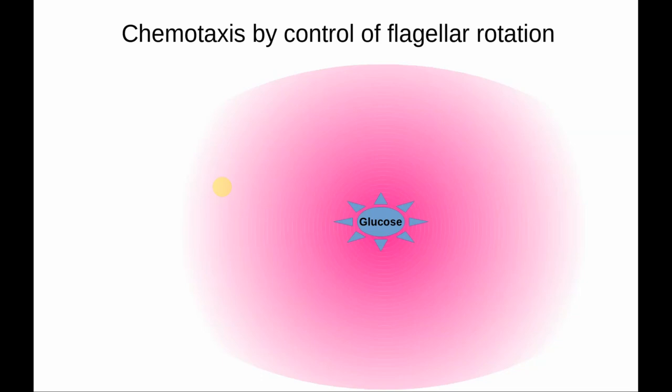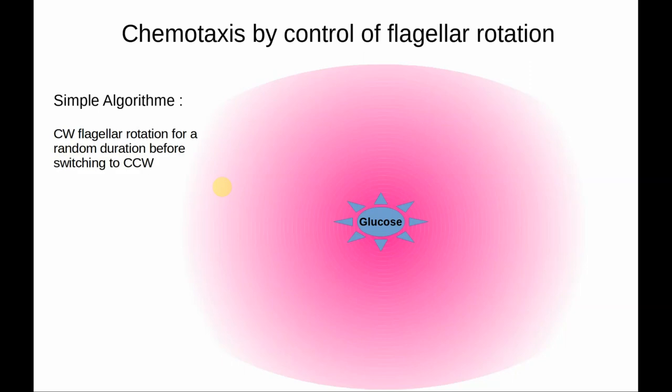So imagine that you are some kind of bacterium which is here, and initially what you're going to do is have a clockwise flagella rotation for a random time before switching to counterclockwise. So that means the direction is going to change randomly for a while, then it's going to stop, and then for a while it's going to start moving forward.